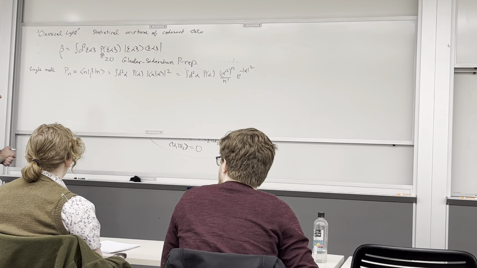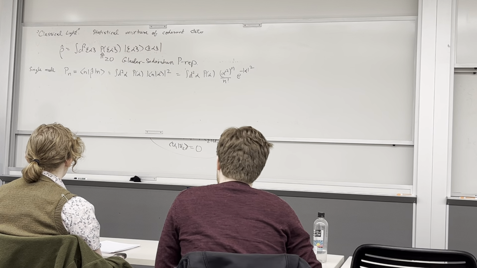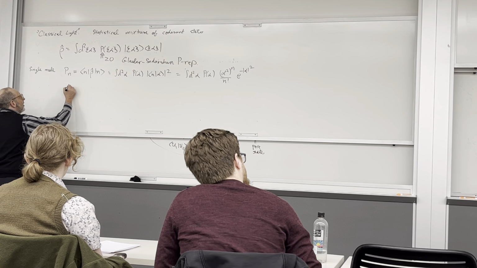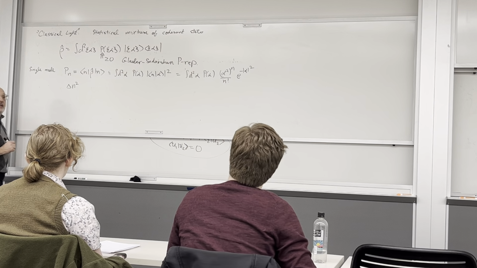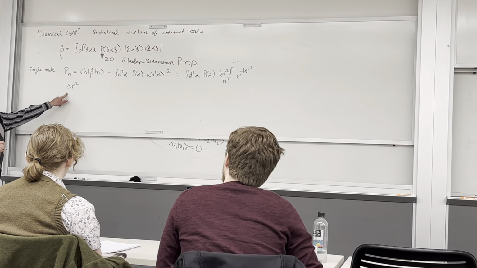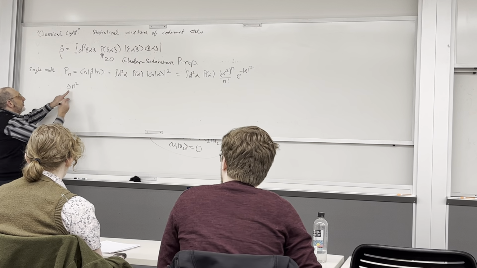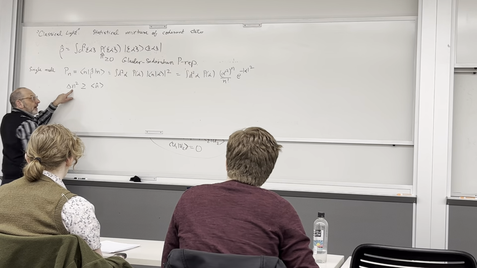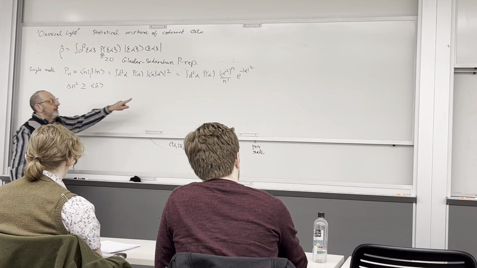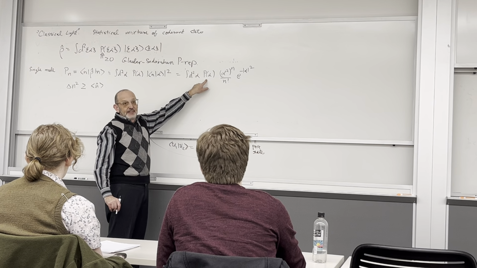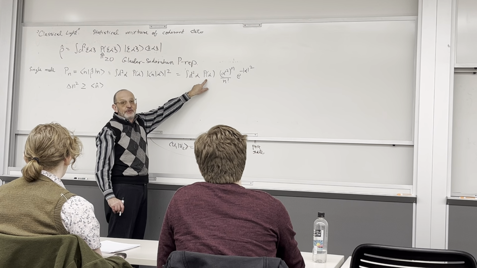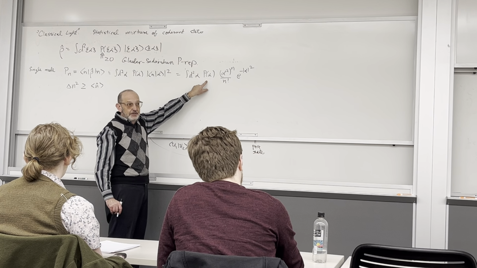So what this tells us in this situation is for classical light that the fluctuations in the number of photons is always bigger than or equal to the mean number of photons. It's only when this is a delta function, where we have a definite amplitude, that we have the minimum fluctuations.